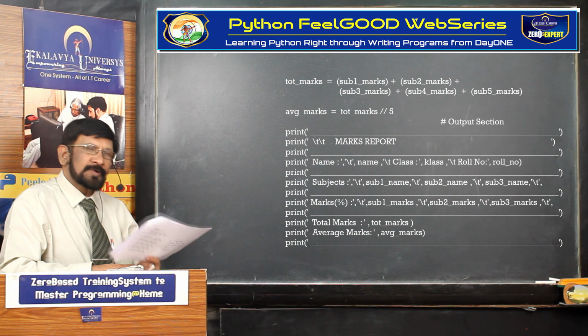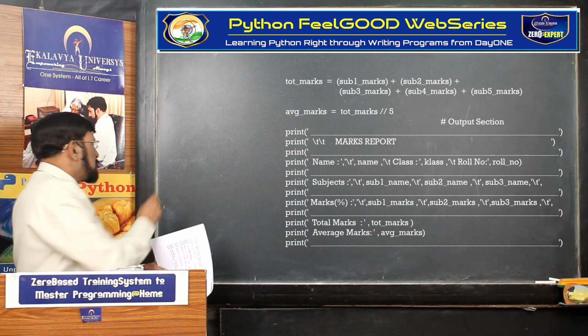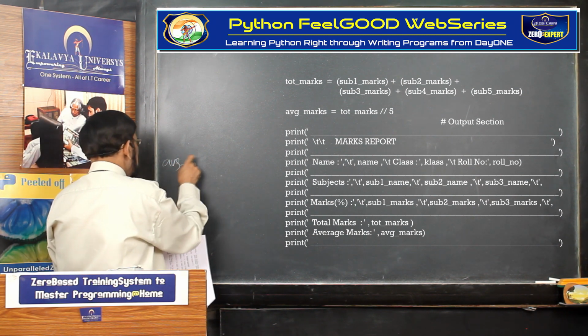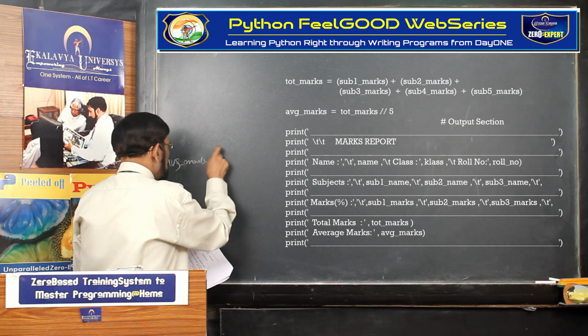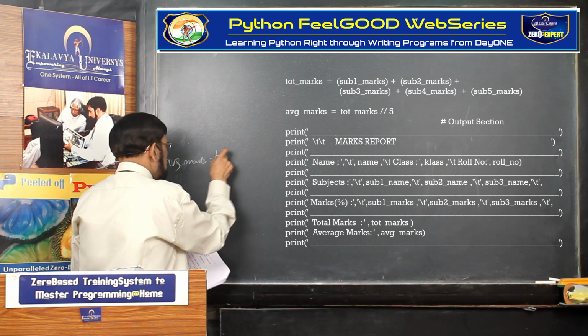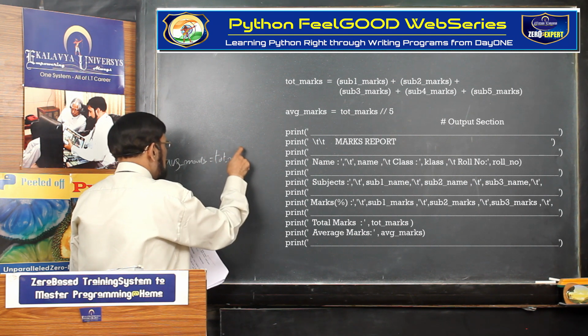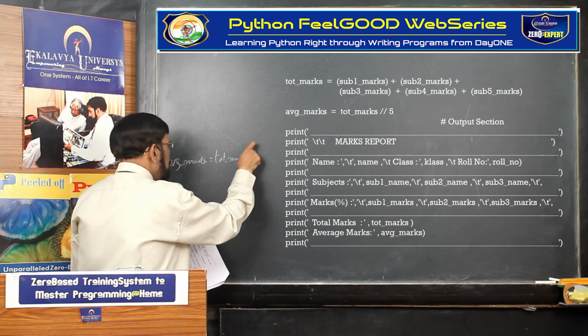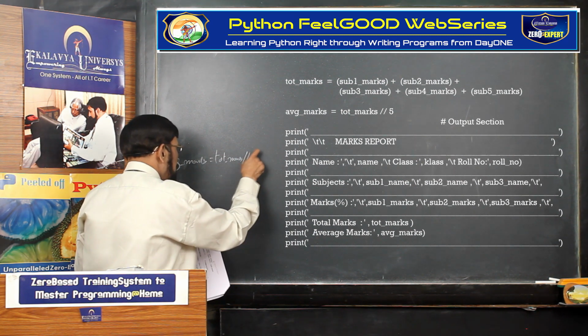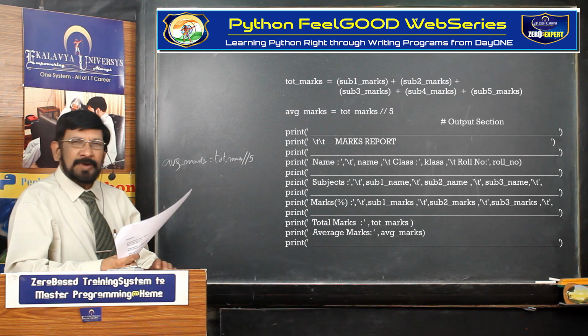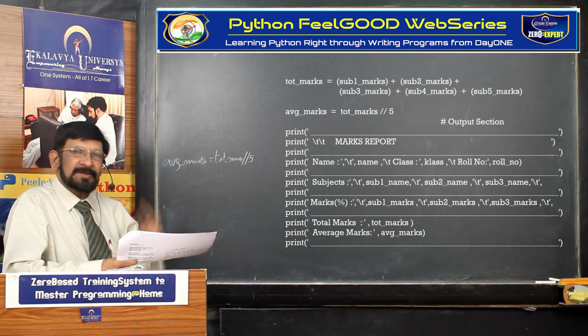Thereafter, average marks we have to calculate. Average marks, how do we calculate? AVG marks. Here, one point I have to explain to you. What is the formula? You know that. Total marks divided by 5. Here, I have written double slashes by 5. Actually, if you write a single slash, a fraction comes.